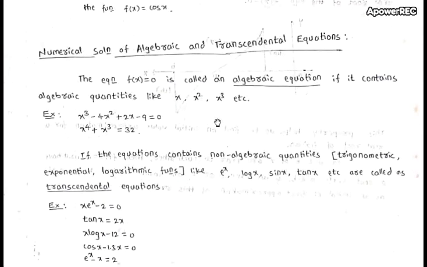In numerical method, there are two types of equation. One is algebraic equation and another one is transcendental equation. Algebraic equation means the equation containing algebraic quantities like x, x square, x cube, etc. Such types of equation are called algebraic equations.